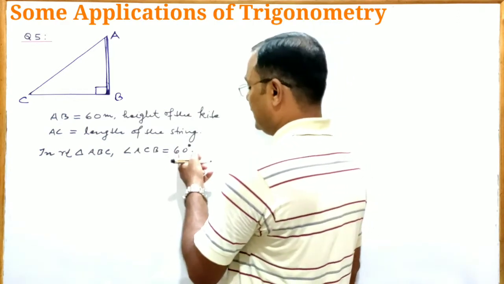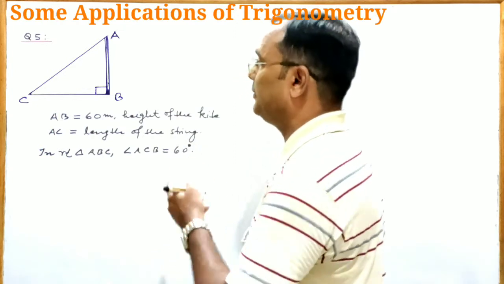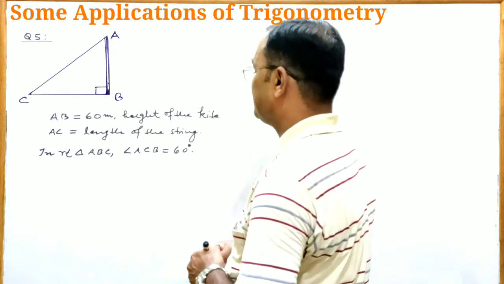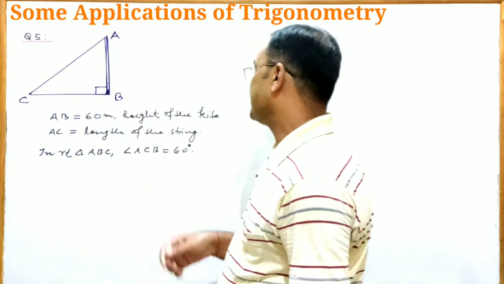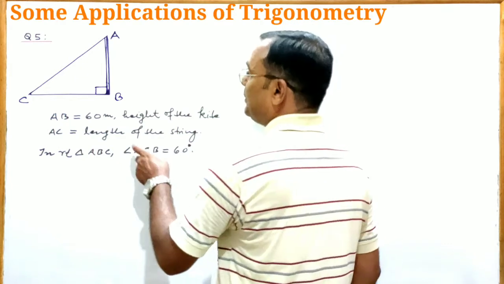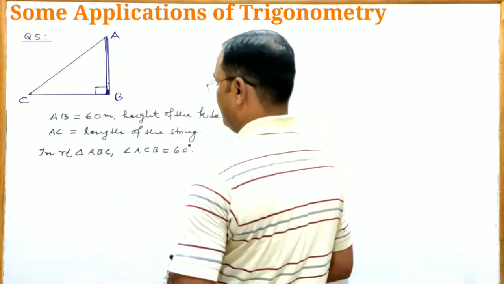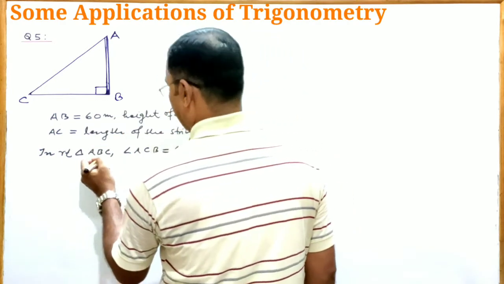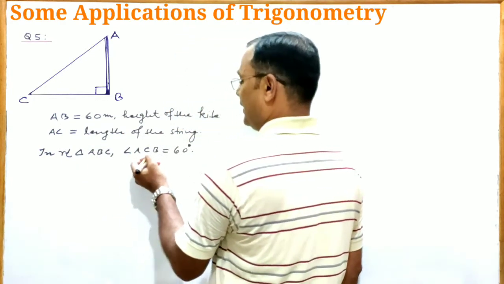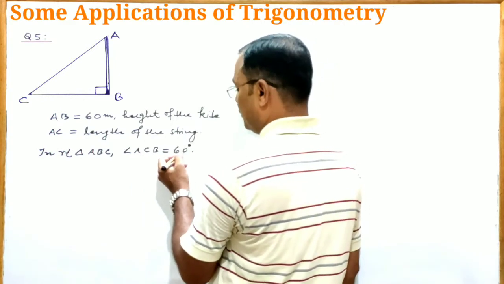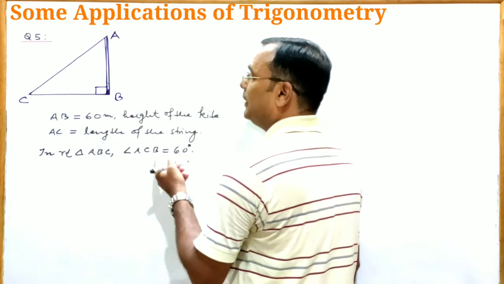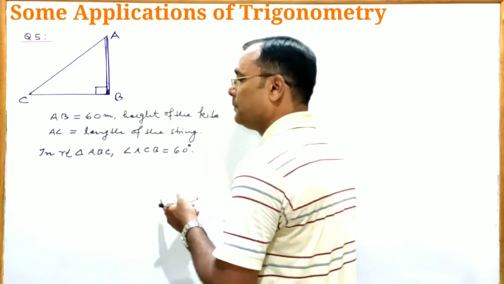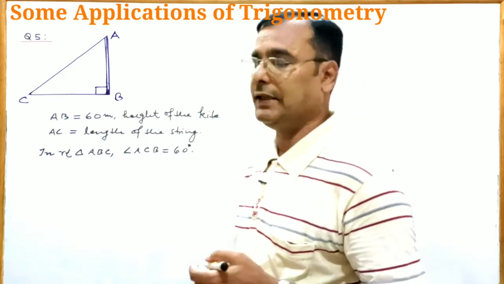So this 60 degree is the angle of elevation of the top position of the kite from the observation point C. AB is the height of the kite above the ground and C is the observation point. So in this right triangle ABC, this angle ACB is equal to 60 degree, which is the angle of elevation of the position of the kite 60 meter above the ground from the point C.